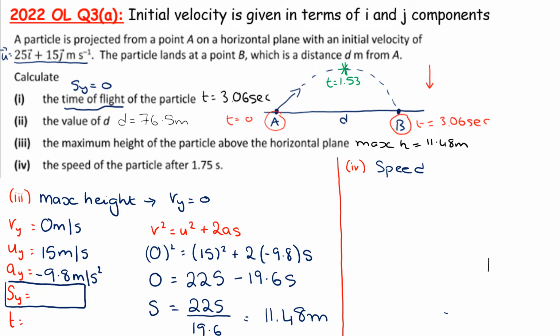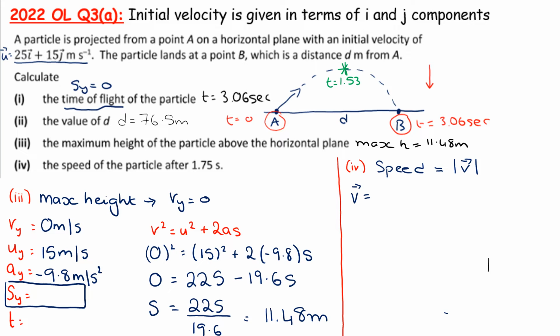So what we're being asked for when we're asked for speed is the magnitude of velocity. We have a little formula for that from our vector section, but let's work through it. The first thing I need to do is understand my v as a vector, with both i and j.